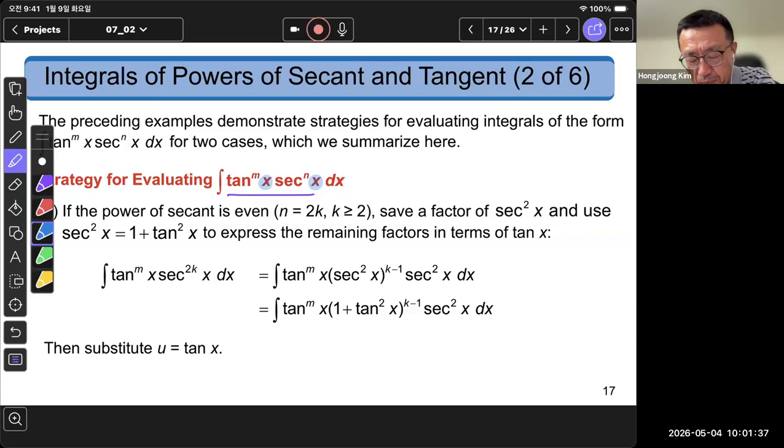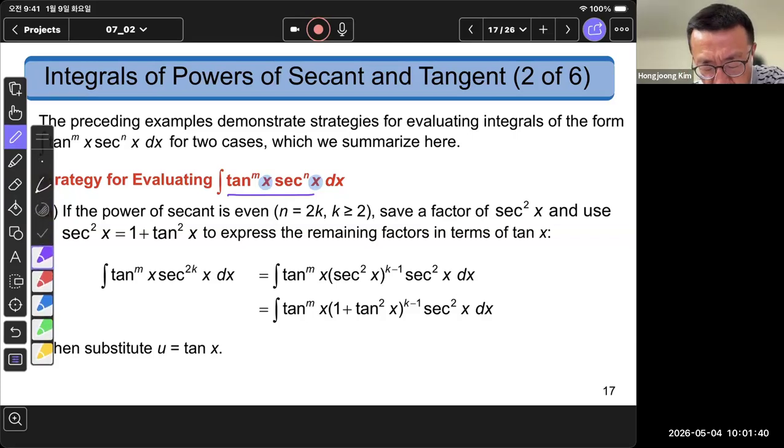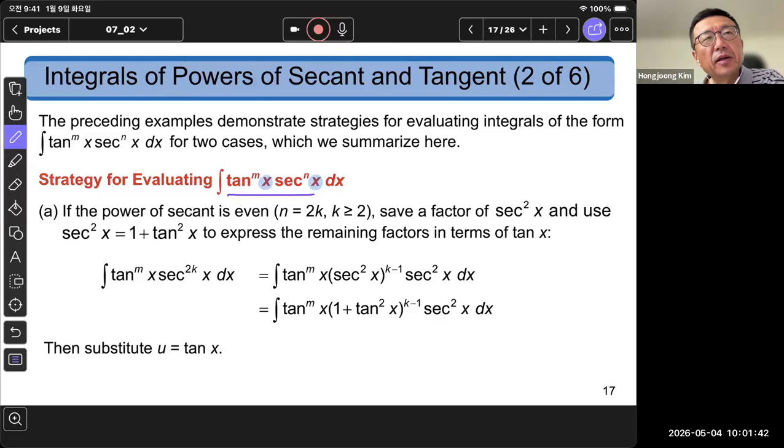In that case, if the power of secant is even and that number n is greater than or equal to 4, I mean, n is 2k, so k is greater than or equal to 2.